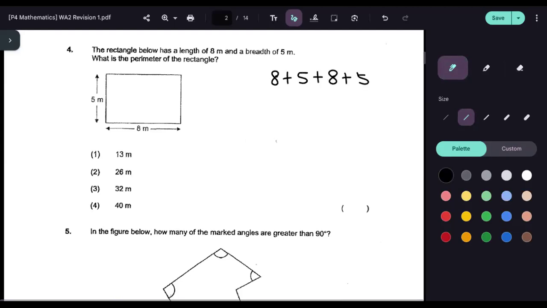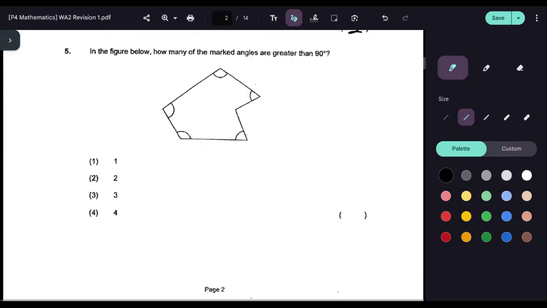How do I know this is what? You need to take note for a rectangle, opposite sides are the same. I repeat, opposite sides are the same. So this will be 5 meters, this will be 8 meters. So it's 8 plus 5 plus 8 plus 5, which is 13 plus 13, answer 26. So answer will be 2.